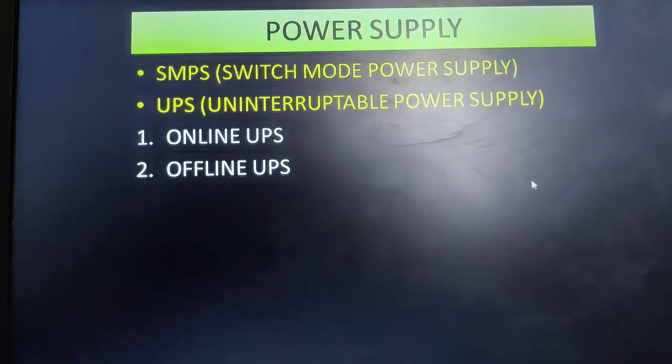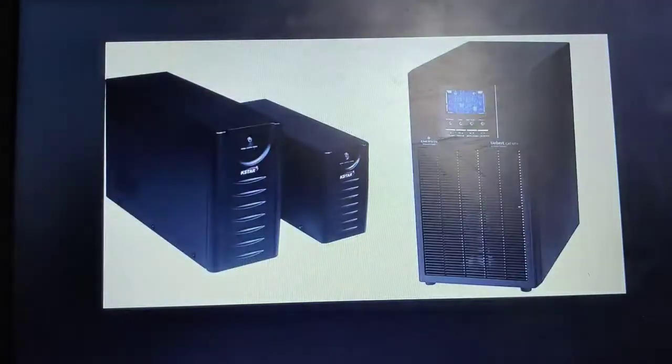A UPS is a kind of power supply that includes a battery to maintain the power in the event of power failure. So here, this is the standby UPS or the offline UPS, and this is the online UPS.